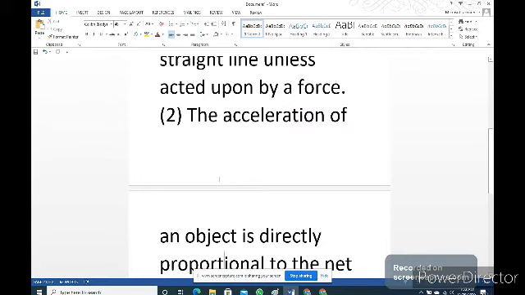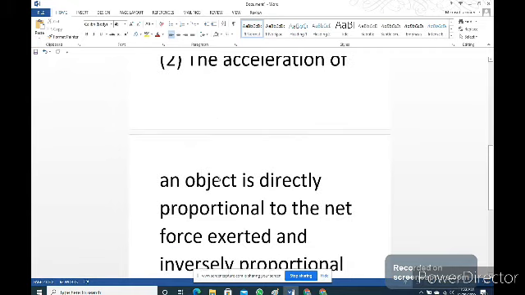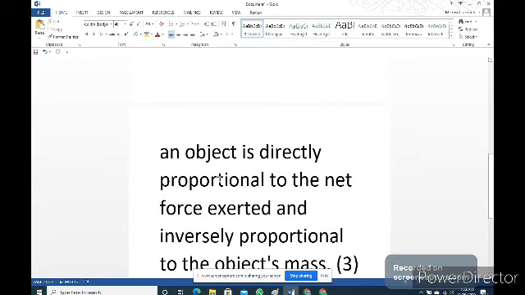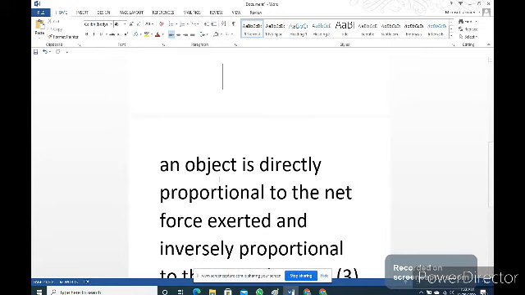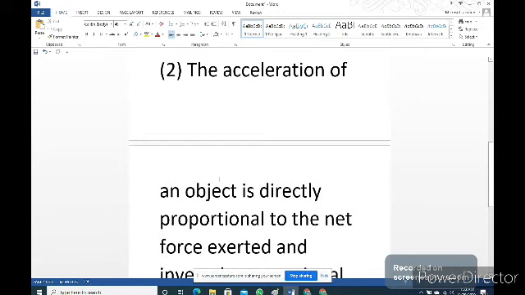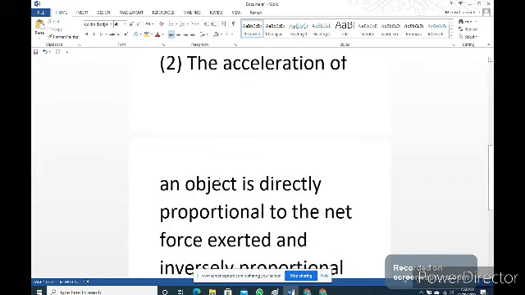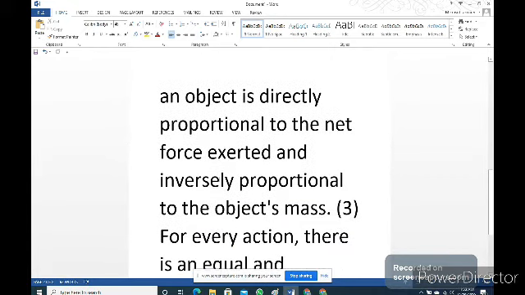The acceleration of an object is directly proportional to the net force exerted and inversely proportional to the object's mass. So this is the second law. The third law: for every action, there is an equal and opposite reaction.